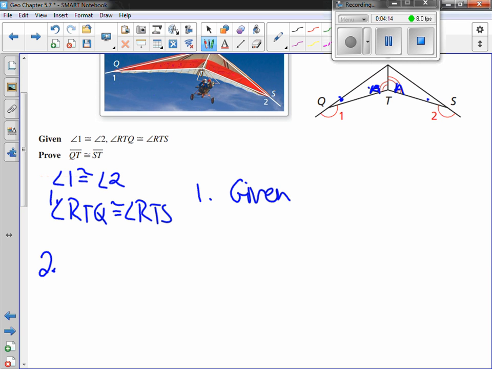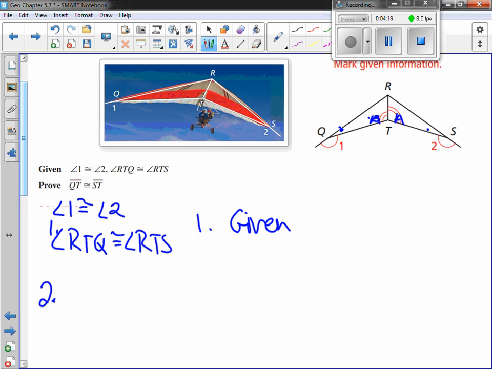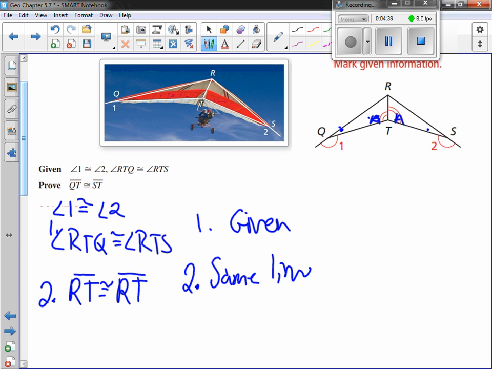But I do know some other figures that are congruent. RT is going to be congruent to what? RT. Because we could call this the reflexive property, or I'll call it same line. It's congruent to itself.